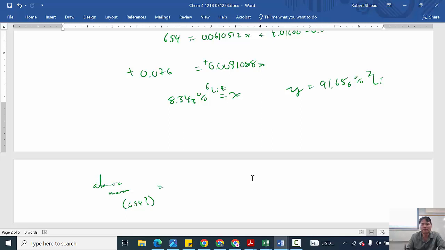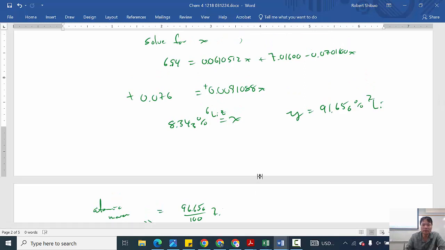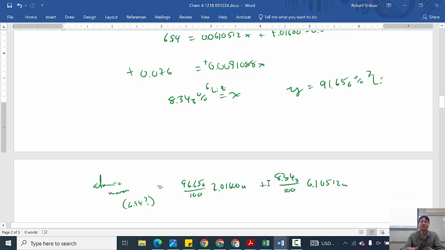Well, we'll just plug these in. So it's 91.656 out of 100 parts of 7.016 U, plus 8.343 out of 100 of 6.10512 U. And we know about doing the sig figs. When you do the sig figs, you have to do it separately, but I'm not, because I don't want to spend too much time on this. I've already probably spent too much time.